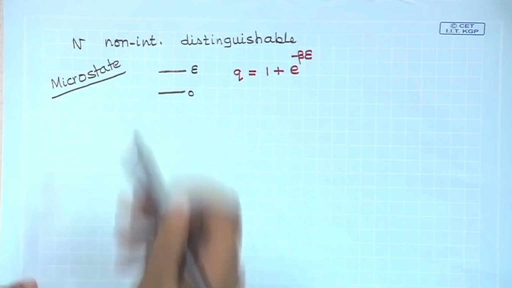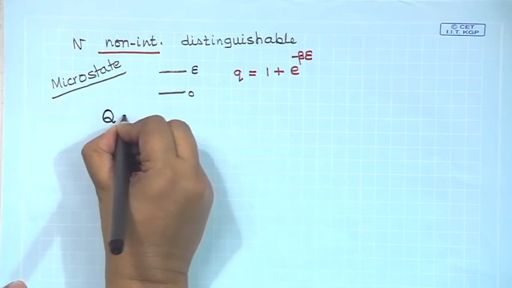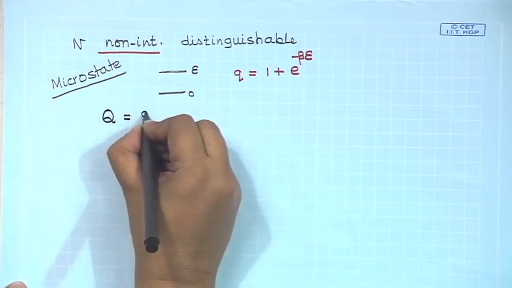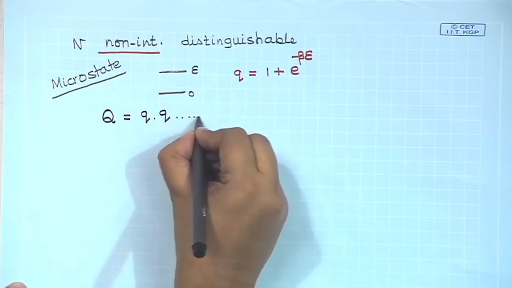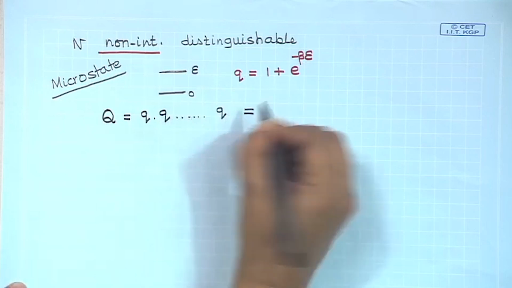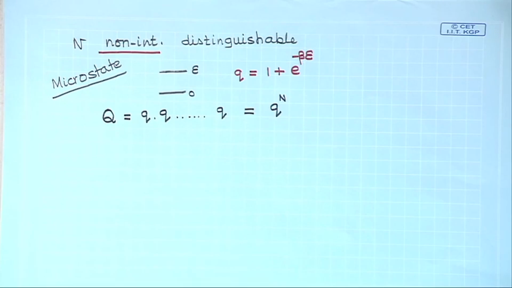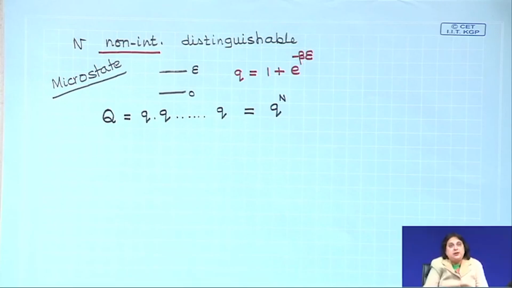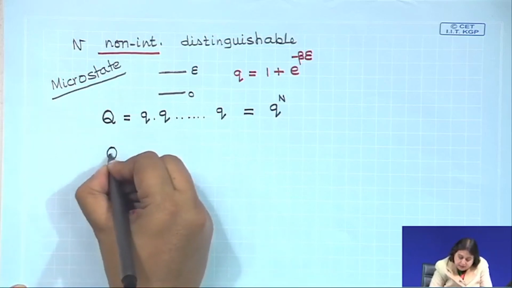And then, since these are non-interacting, I should be able to write that the net partition function for this N particle assembly is going to be small q for the first particle, small q for the second particle, and so on up to the Nth particle, and that must be equal to small q to the power of N. So, if I have capital N non-interacting distinguishable two-state particles present under canonical ensemble, then what is going to be the form of capital Q?